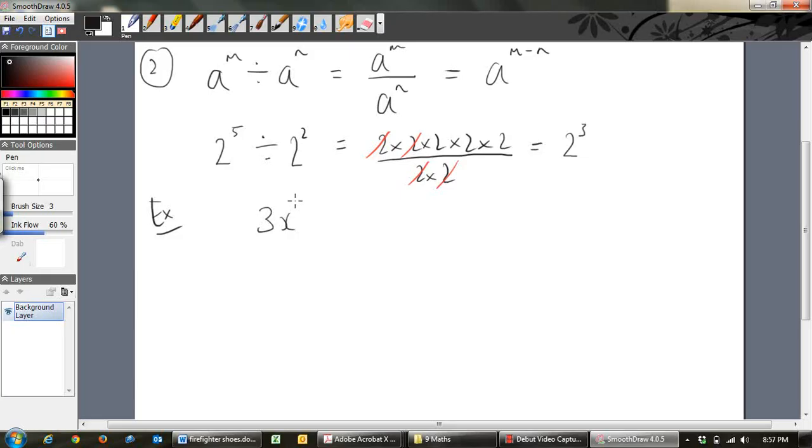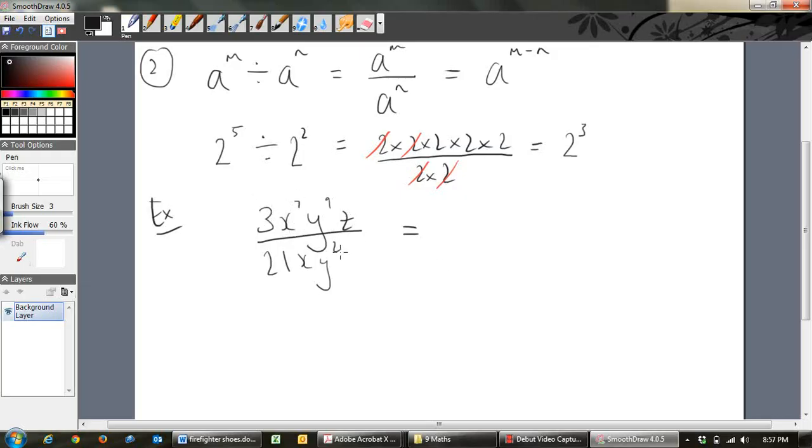Let's have a look at an example. So let's do 3x to the power 7, y to the power 9, z, over 21x y squared. Let's have a look at what this might be equal to. Again, just take it one piece at a time. Do the numbers first, then do the letters.